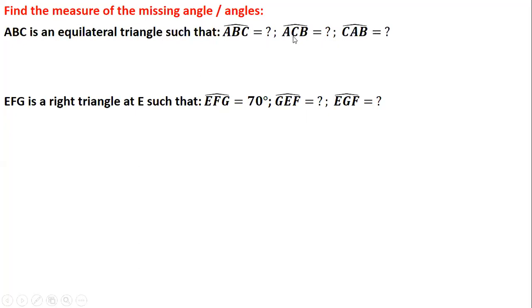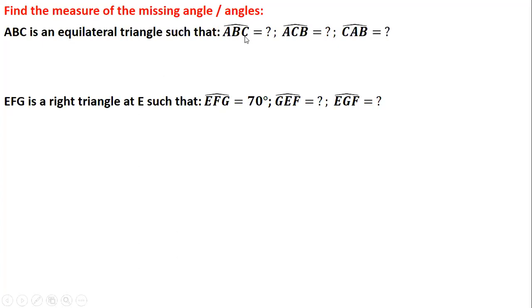I don't know any measure of any angle, but I read a very important word, equilateral. So what do I ask myself when I read the word equilateral? An equilateral triangle, the three angles measure 60 degrees. Each angle in an equilateral triangle measures 60 degrees.